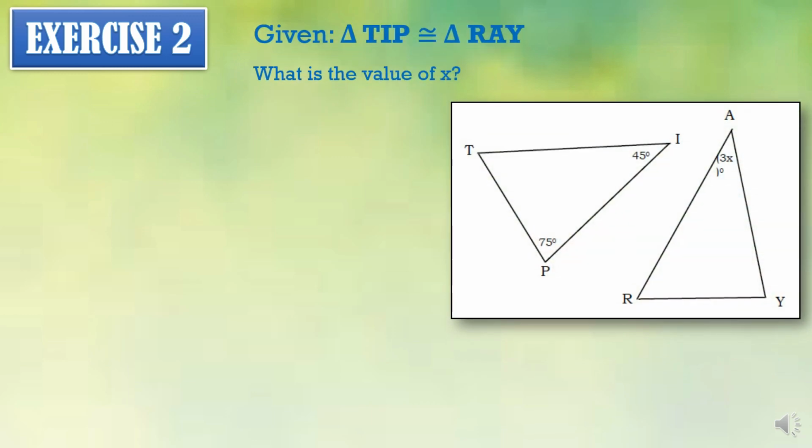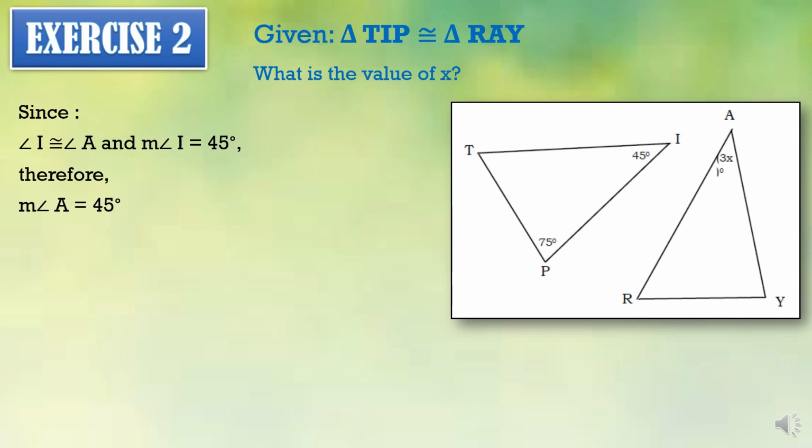Okay, for exercise 2, given that triangle TIP is congruent with triangle RAY, what is the value of x? Since angle I is congruent with angle A, and the measure of angle I equals 45 degrees, the measure of angle A is also equal to 45 degrees.